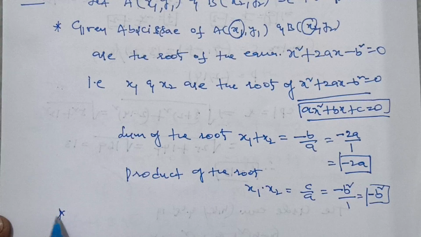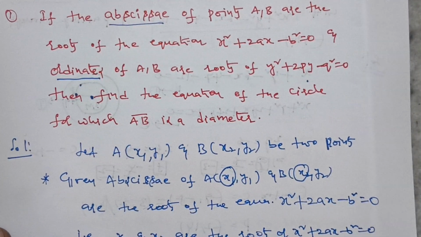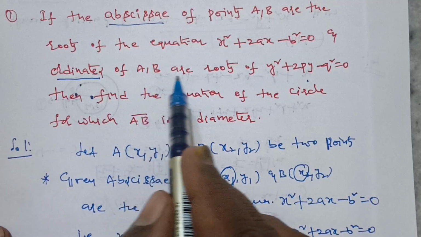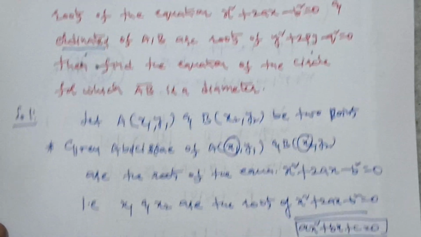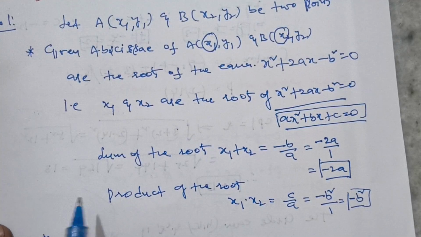Now the second step. What is given here? Ordinates of A, B are roots of this equation.